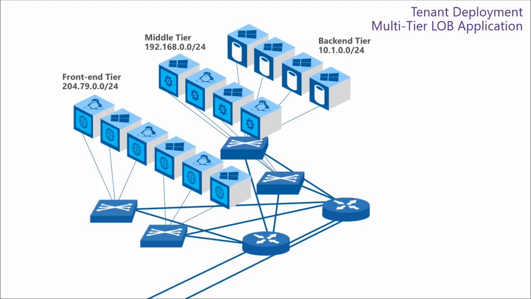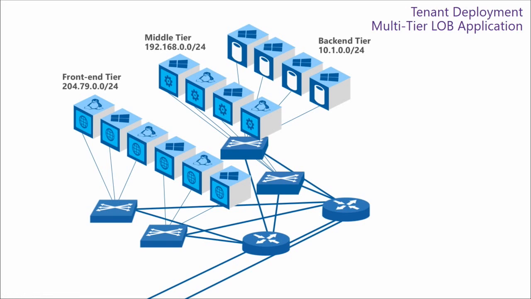So here you'll see I've got a multi-tier line of business application, which is made up of multiple back-end virtual machines on a particular subnet, a middle tier, an application tier perhaps, that's on a different subnet, and that's across Windows and Linux. You've got a front-end tier that's providing the front end for the application, and these need to be connected together through switching, routing, and so on.